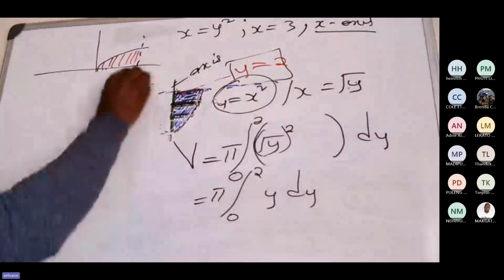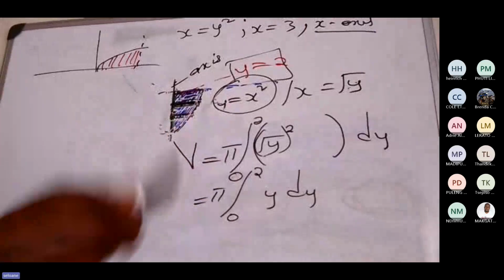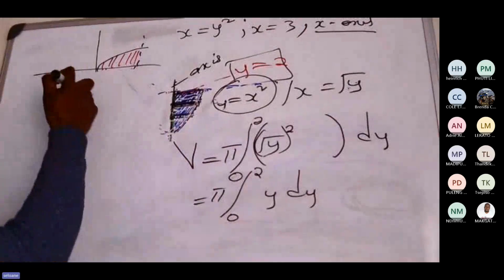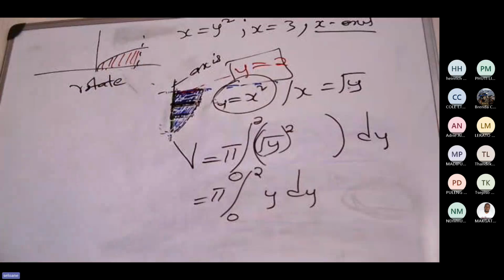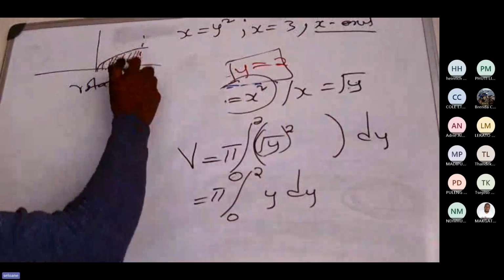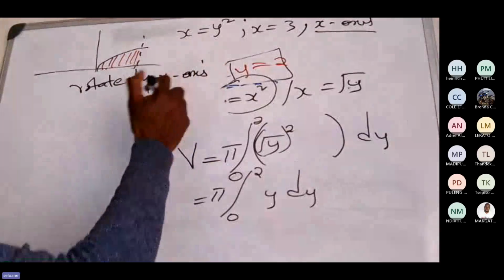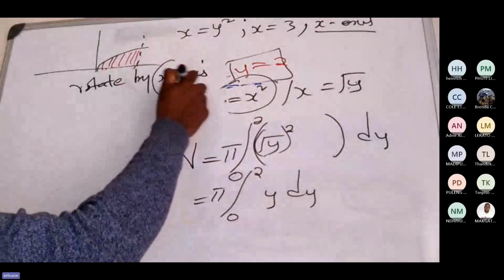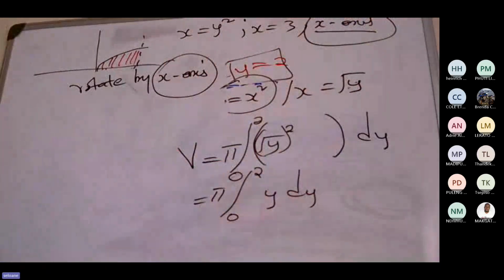You get it. Then from there, we are now going to rotate it, we are now going to spin it. So rotate it by the x-axis. Don't forget, this x-axis is part of those steps that enclose this. And now, what is the question?